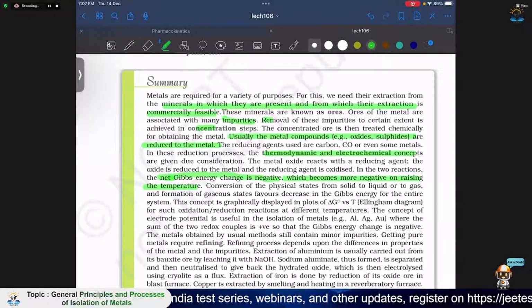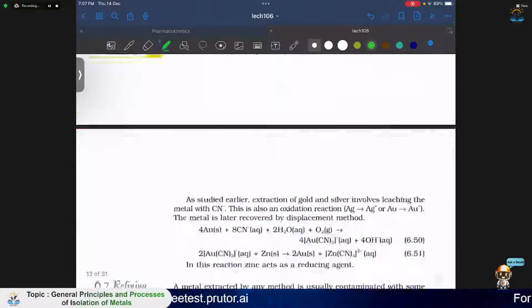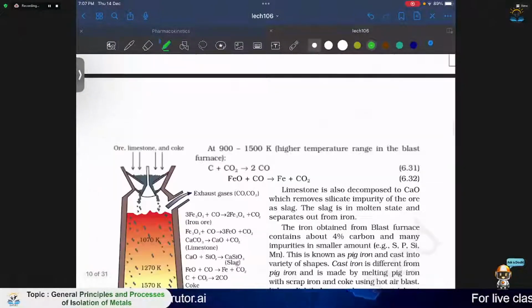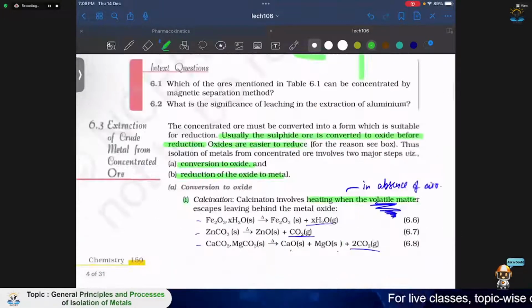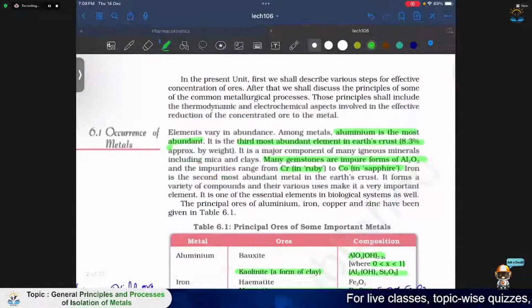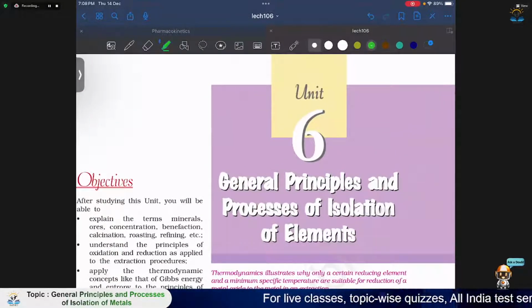So try to consolidate all the topics, revise the extraction processes, and revise the concentration steps. In the next session, we will complete the Ellingham diagram and extraction, reduction and refining of the metals. We are almost done with the session.